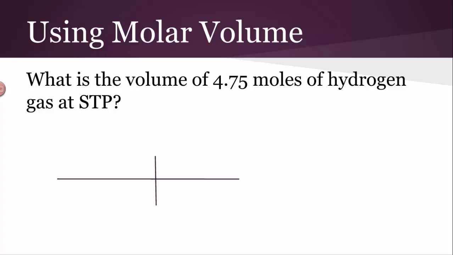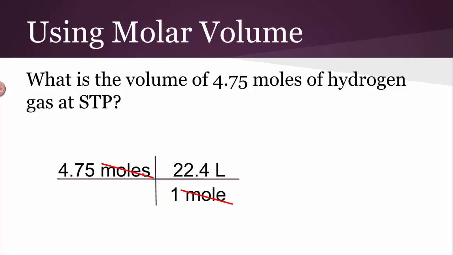Set up your cross, put the number that's in the problem in the first position, 4.75 moles. Moles is on the top, so I want moles on the bottom of my next fraction, so it'll cancel. And 1 mole is equal to 22.4 liters, provided I'm at STP, which according to the problem I am. I can cancel moles out. Now I multiply 4.75 times 22.4, and I get 106.4 liters of H2.